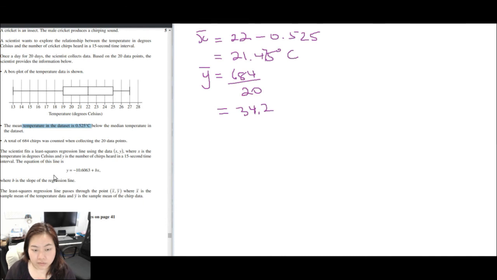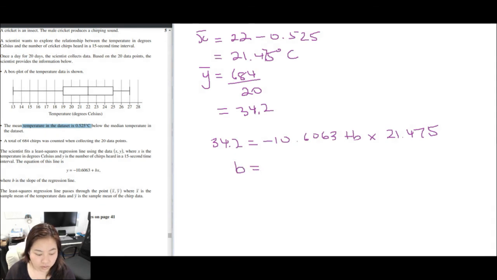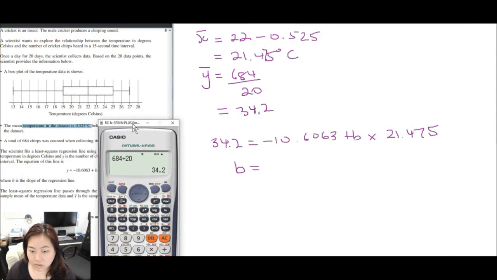Then we can use that to find b. y is equal to minus 10.6063 plus b times 21.475. b is going to equal 34.2 plus 10.6063 divided by 21.475.